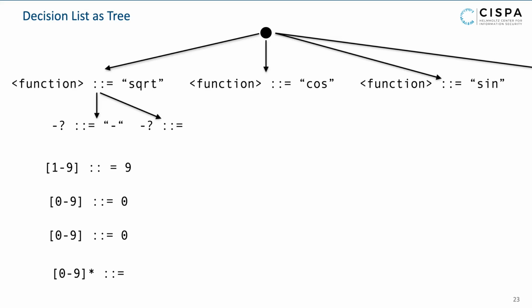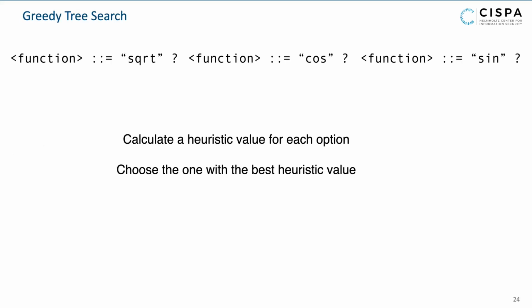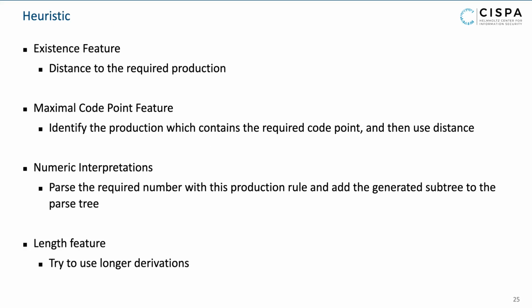We decide for the minus sign, and now we can decide between all the different numbers that we can use. This decision taking forms a tree structure, and in a tree we can use a tree search. This means whenever we need to take a decision, we calculate a heuristic value for each option, and then choose the one with the best heuristic value in a greedy process.